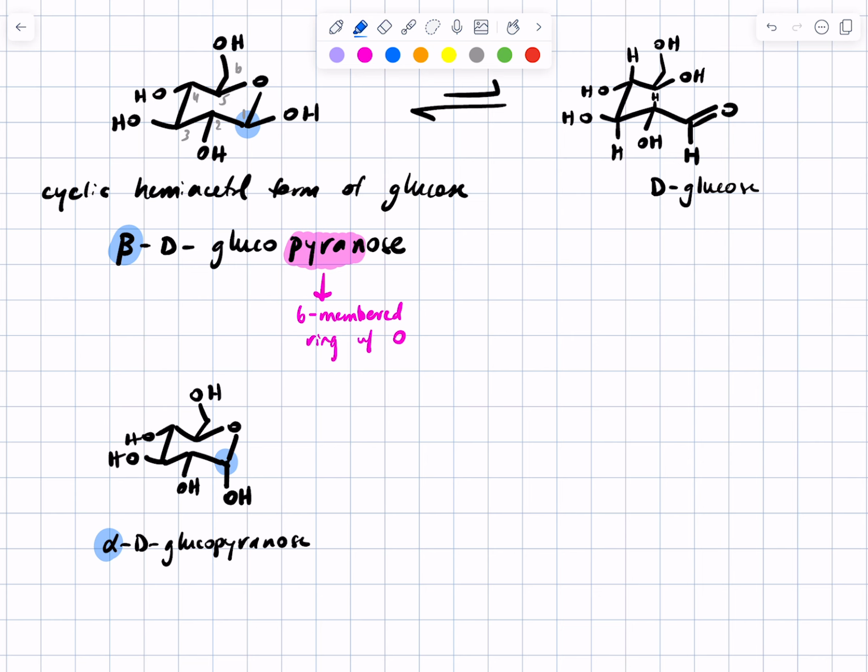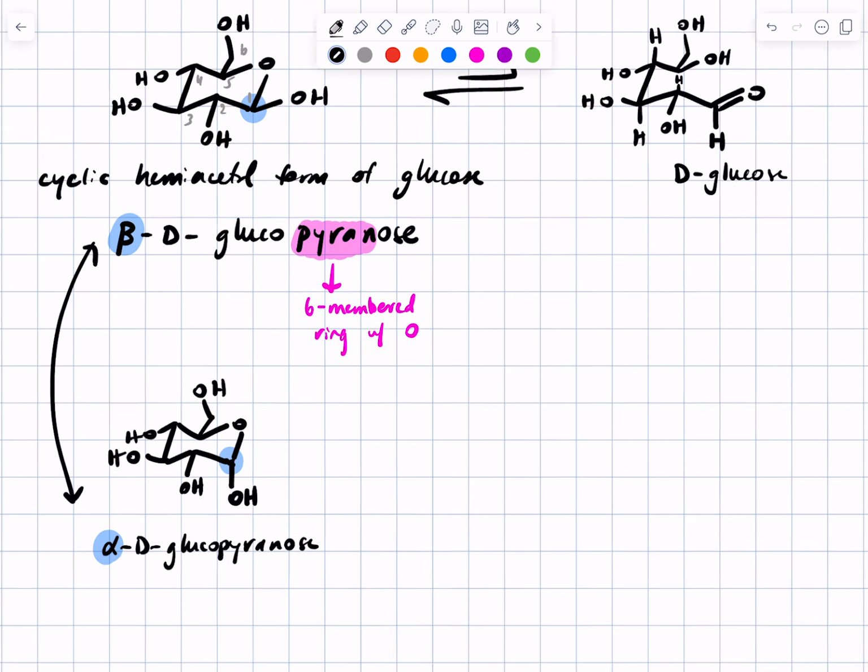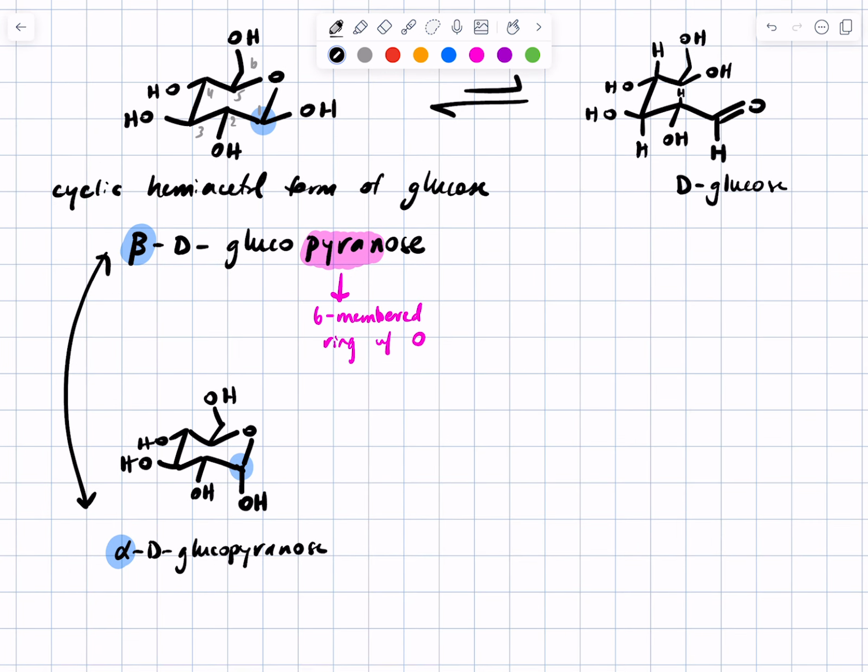Diastereomers. There's that favorite word that we use for every kind of stereoisomer that is not an enantiomer. So alpha and beta D-glucopyranose differ in the location and in the configuration of one and only one stereocenter. So yeah, they are in particular often called diastereomers.